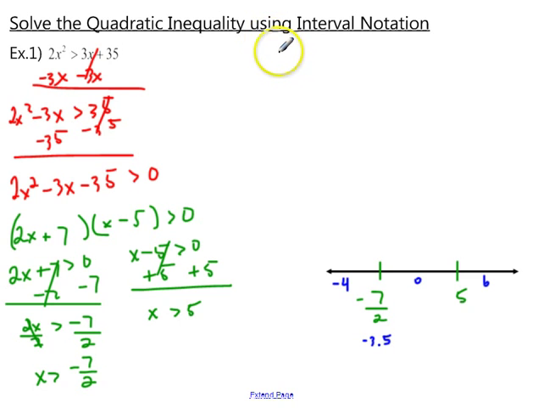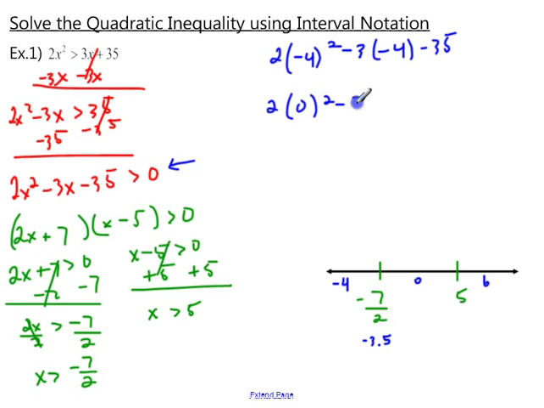So we're going to go ahead and substitute that into this inequality for x. So we have negative 4, and then we also have 0, and then lastly we have 6.